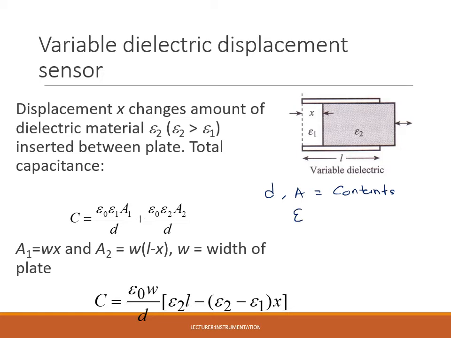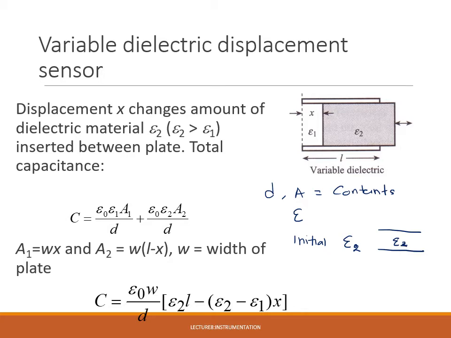So the initial condition is that we only have epsilon 2 as our dielectric medium, meaning initially the plate is full of epsilon 2.